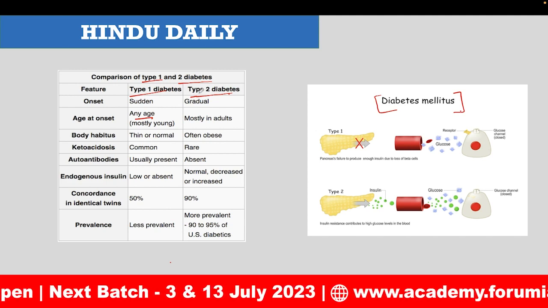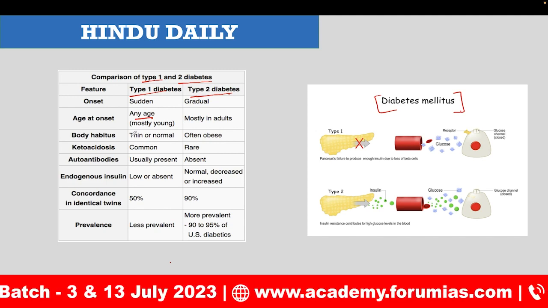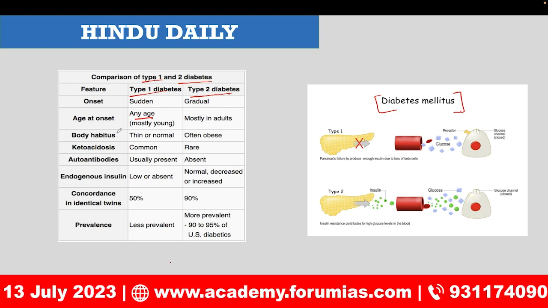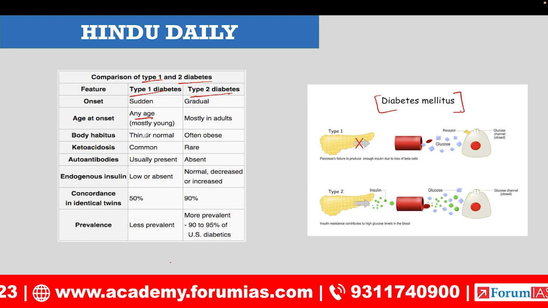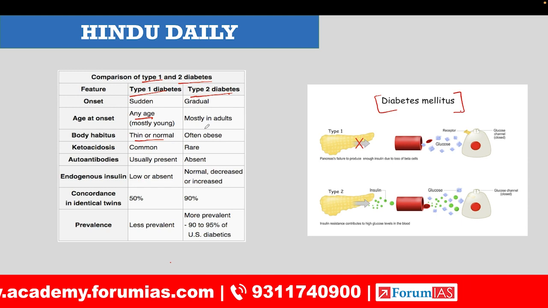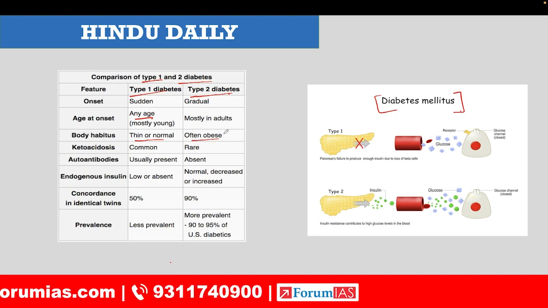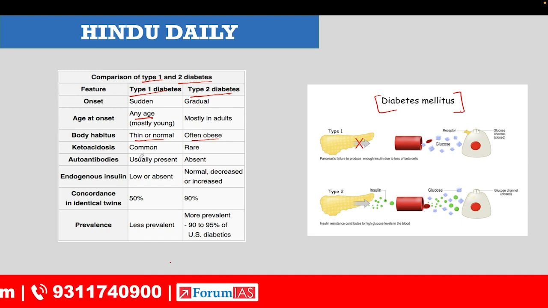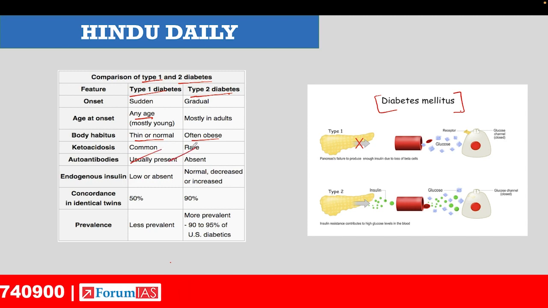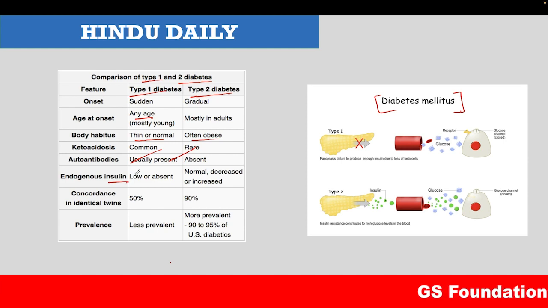Most of the people will be attracting type 2 diabetes. With respect to body habitus, in type 1 diabetes the people may be thin or normal. But obesity is the major reason for type 2 diabetes, though these two things are not necessarily so. Then with respect to insulin, in type 1 diabetes patients, the insulin secretion may be very low or absent.